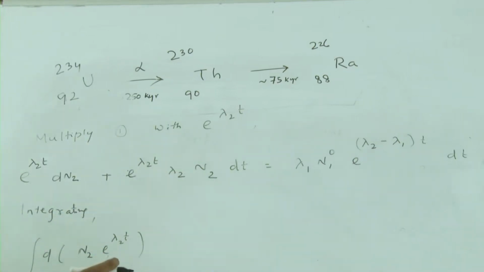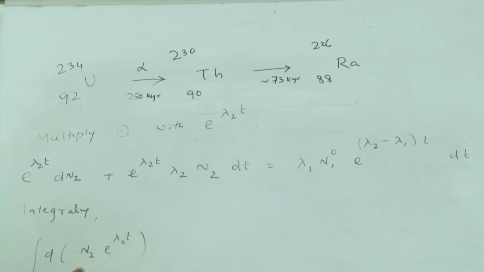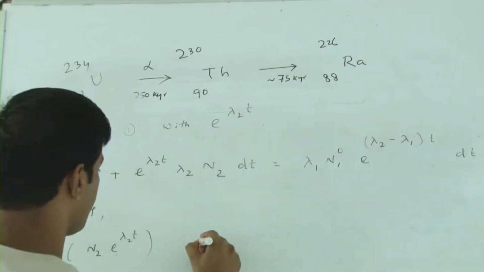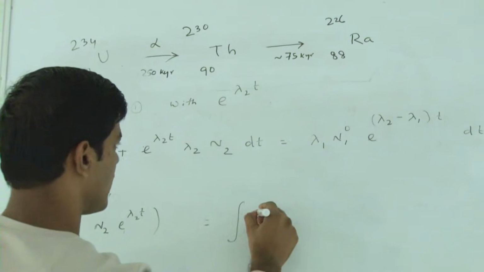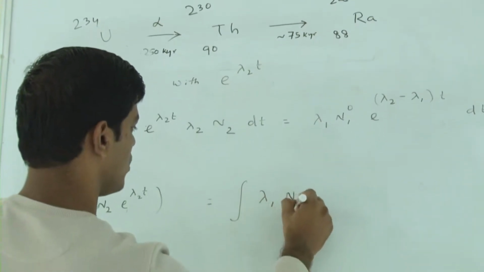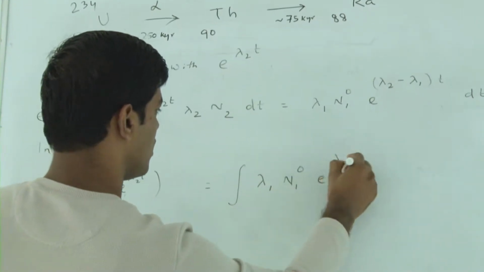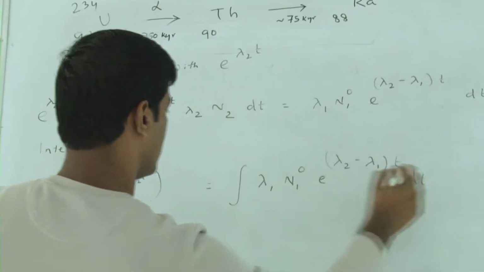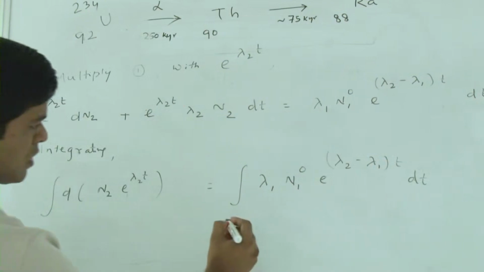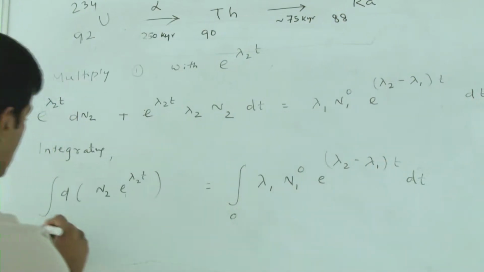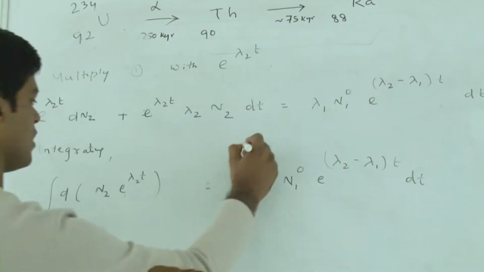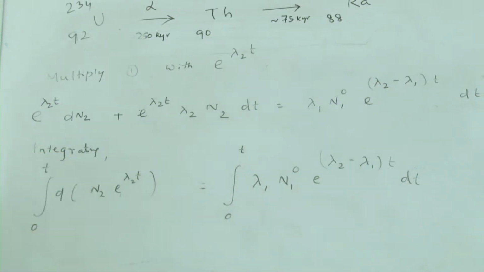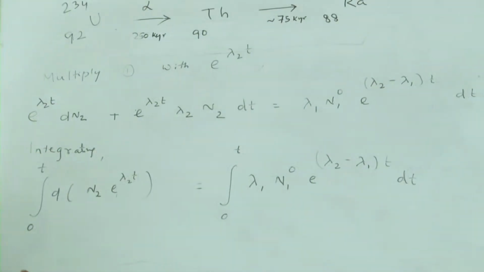So, this is basically a differentiation of N2 e to the power lambda 2 t, that is what is written here, and the integration of lambda 1 N1 0 e to the power (lambda 2 minus lambda 1) t dt. If we put some limits, 0 to t, this term comes out.